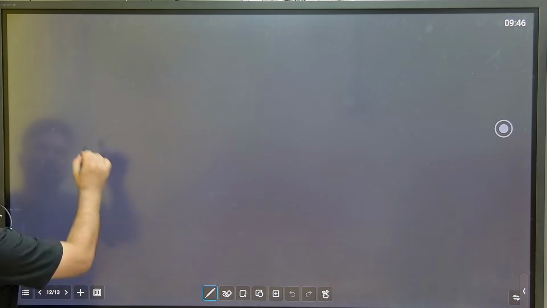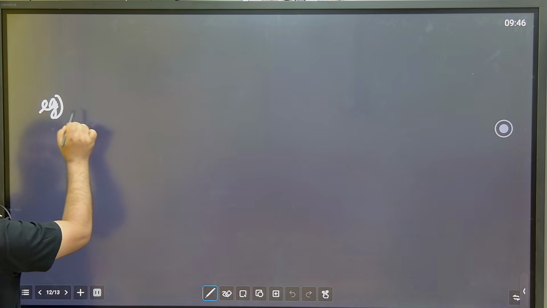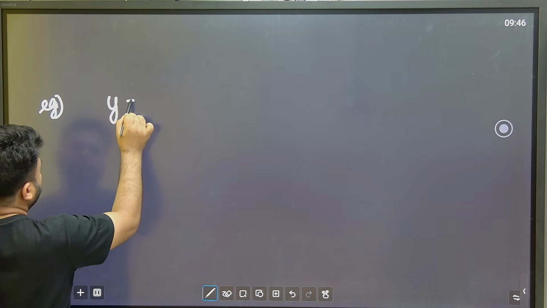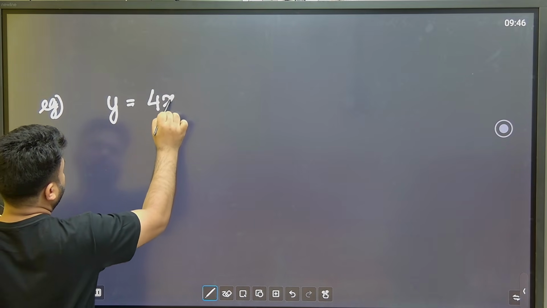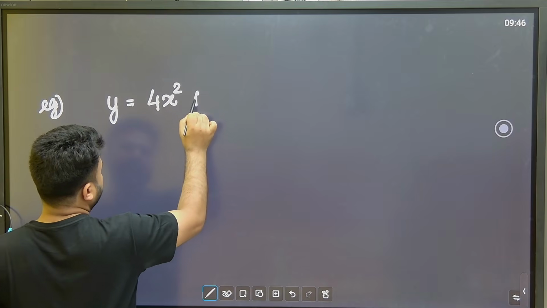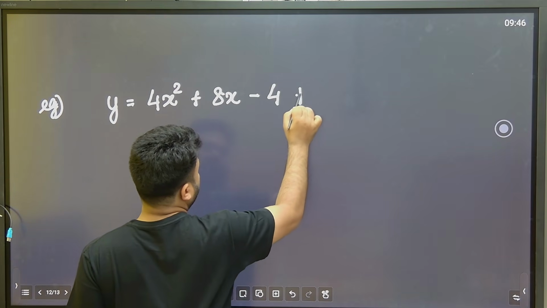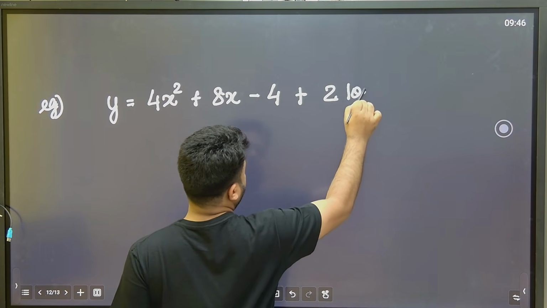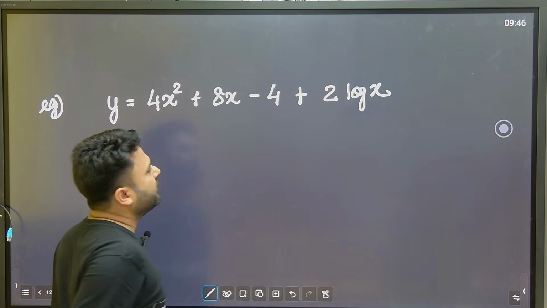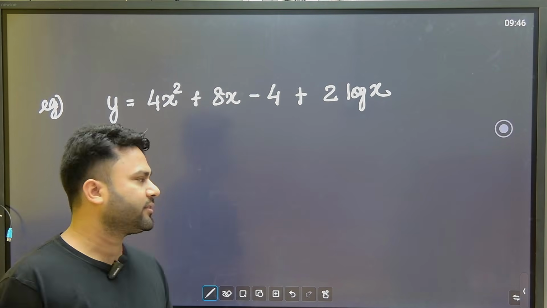Now suppose, one example I am taking. Suppose y equals to 4x square plus 8x minus 4 plus 2 log of x they have given. We have to differentiate this.